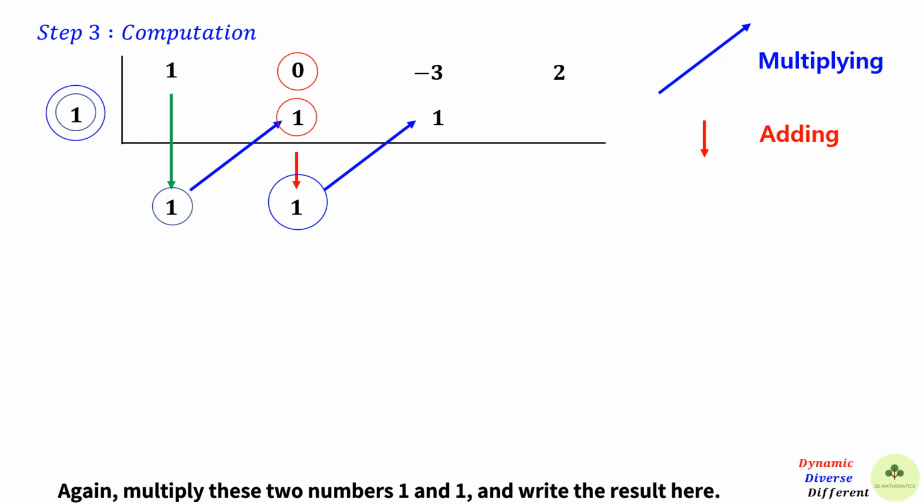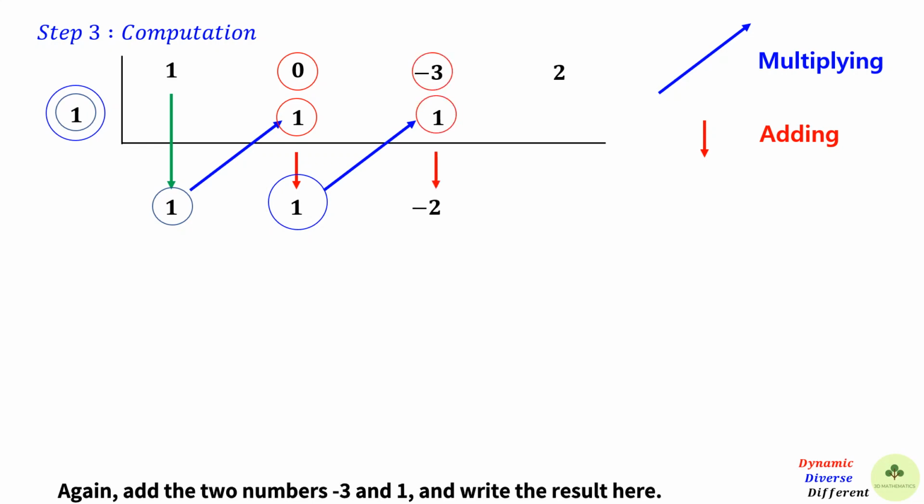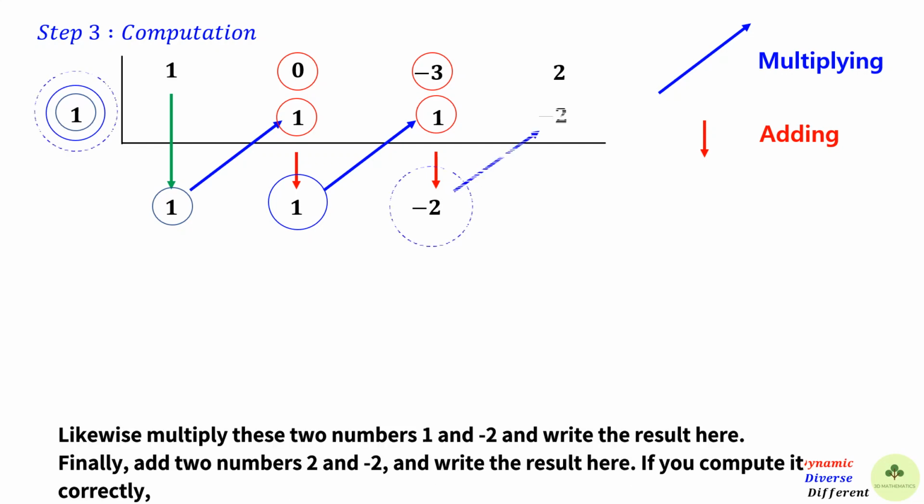Again, multiply these two numbers 1 and 1 and write the result here. Again, add the two numbers minus 3 and 1 and write the result here. Likewise, multiply these two numbers 1 and minus 2 and write the result here. Finally, add two numbers 2 and minus 2 and write the result here.